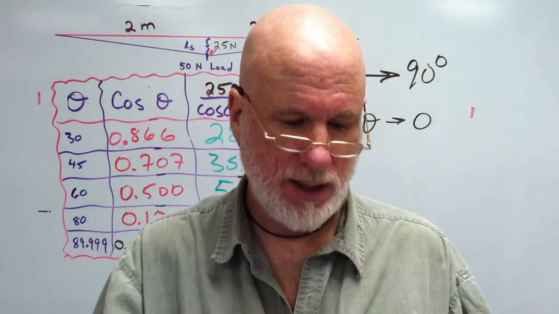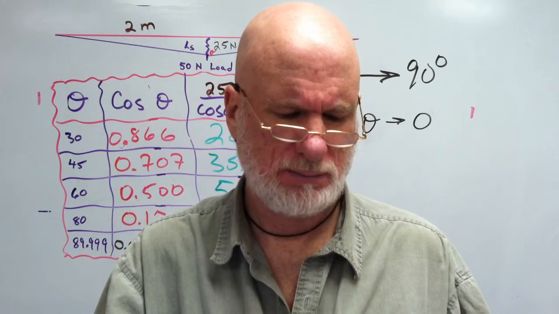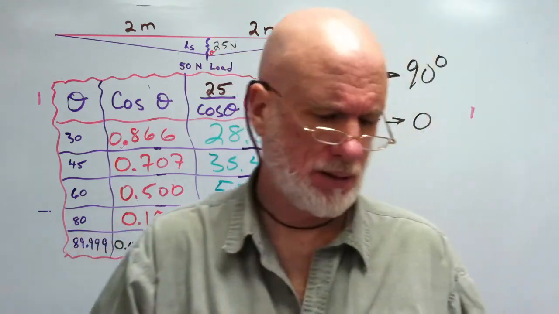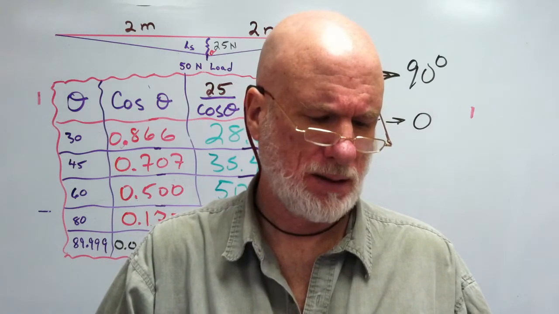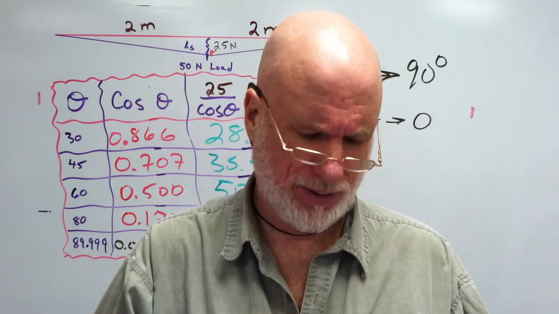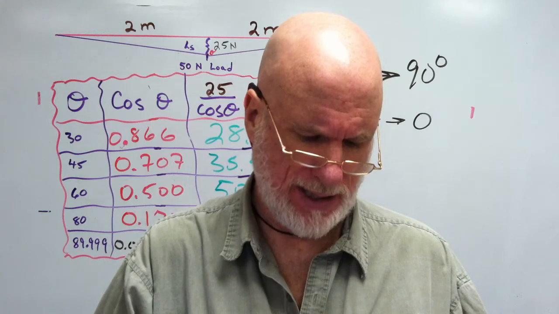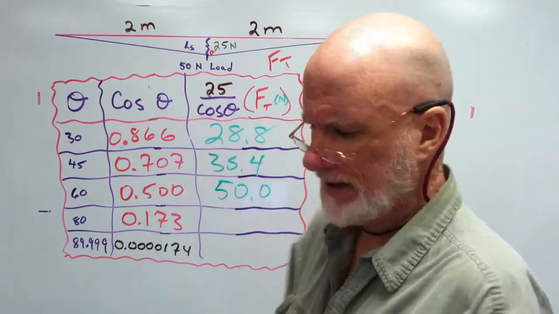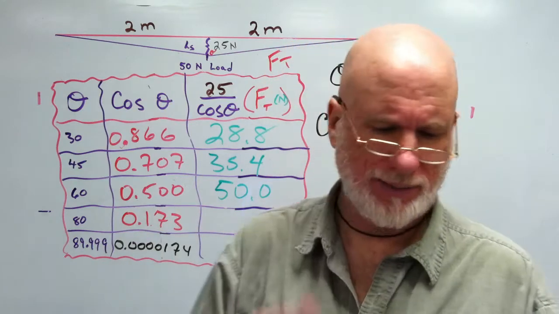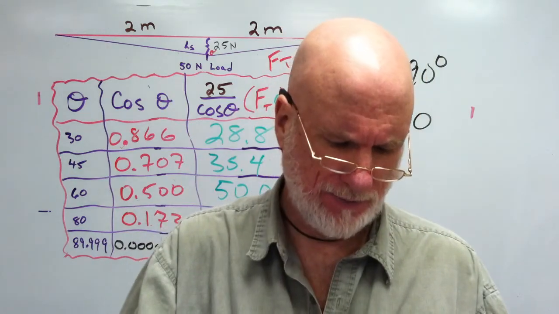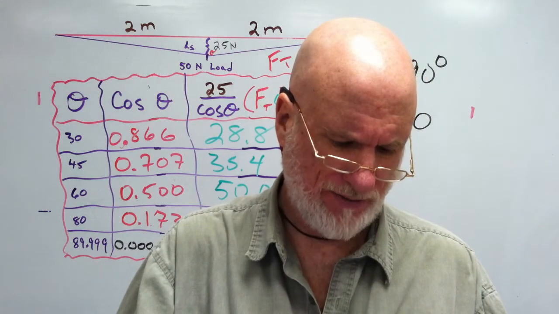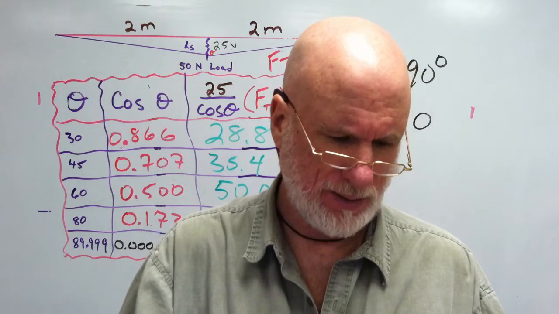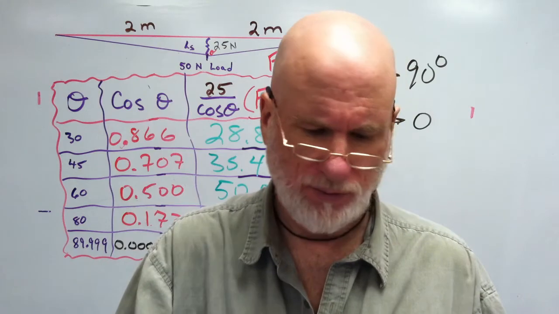Right, cosine 80 is 0.173. So 25 divided by 0.173 equals 144.5.